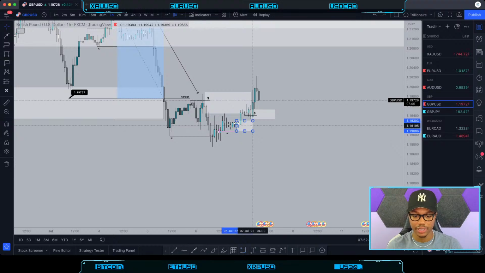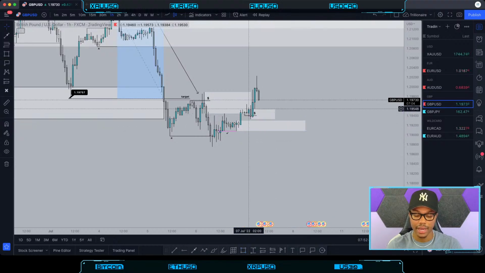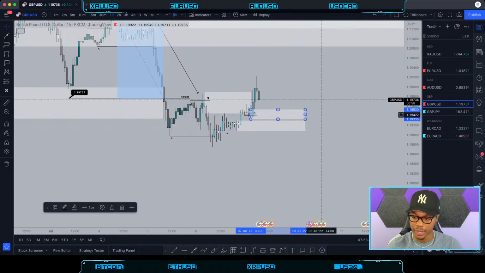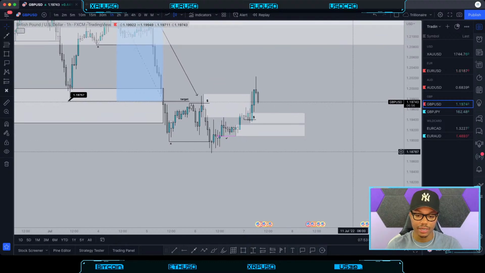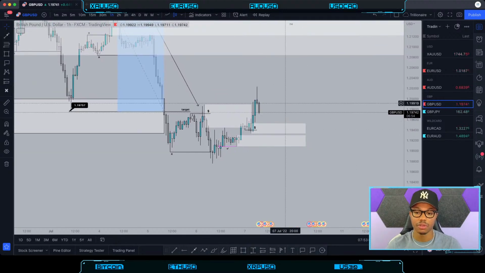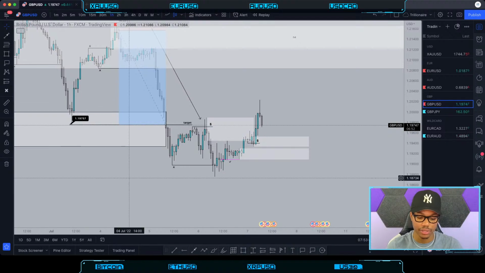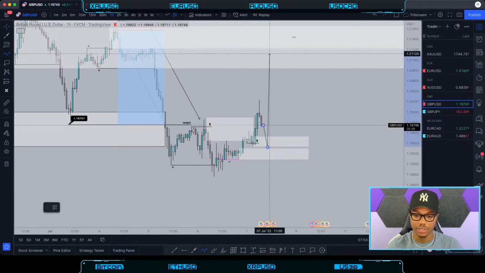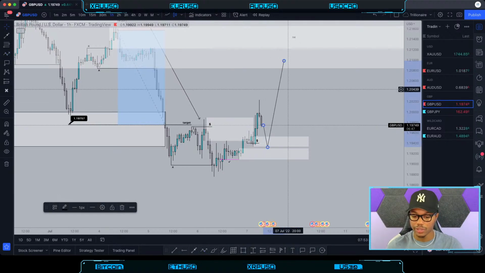Price does come very close here, all right, but this area right here is directly responsible for the flip. So we can see how price is going to react to these two levels here. All right, I'm not saying we will get a trade or an entry for the buy to take place. More than likely, price is just going to tap into this region and then push to the upside if that's what it wants to do. So we do have to keep that in mind.